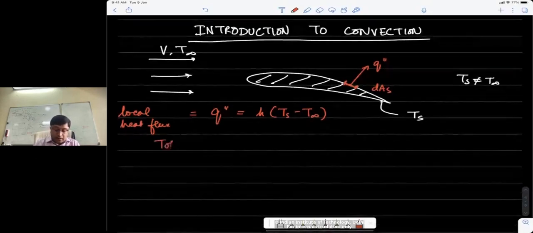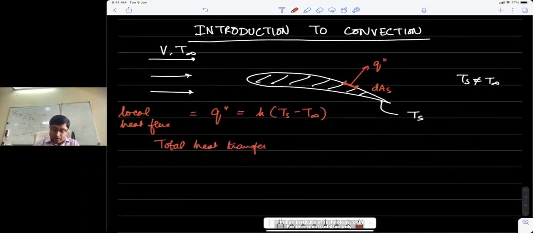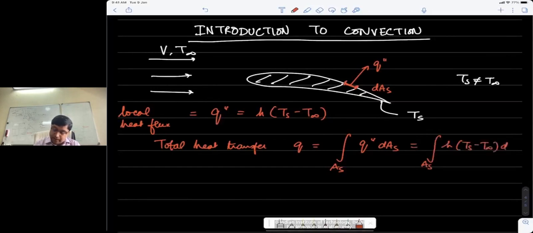The total heat transfer on this body will be, let's say, q, which can be written as the integral of the heat flux over the entire surface, which I can also write as the integral of h (Ts minus T infinity) dAs.